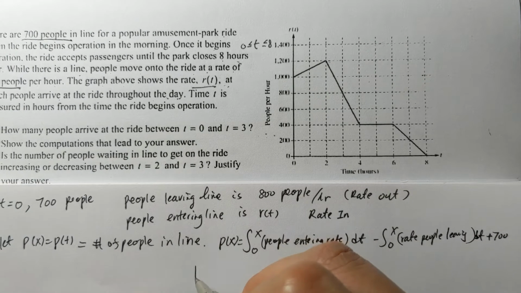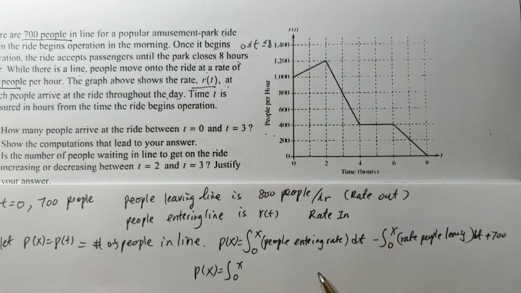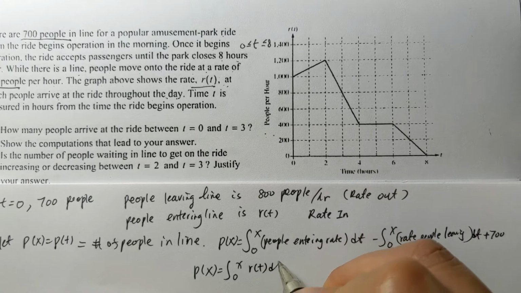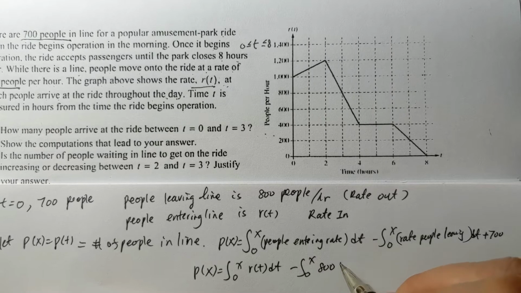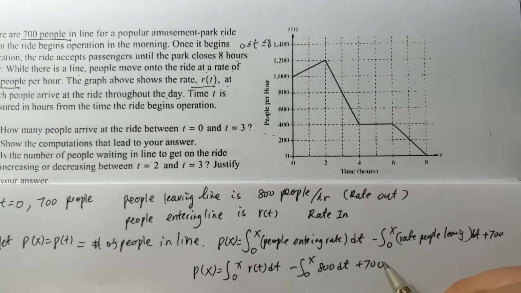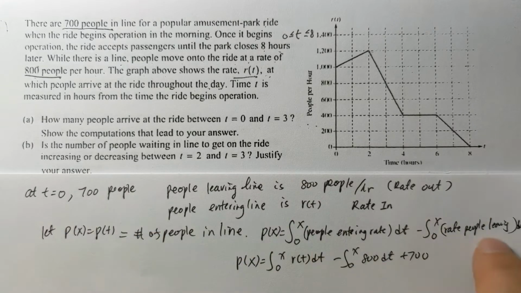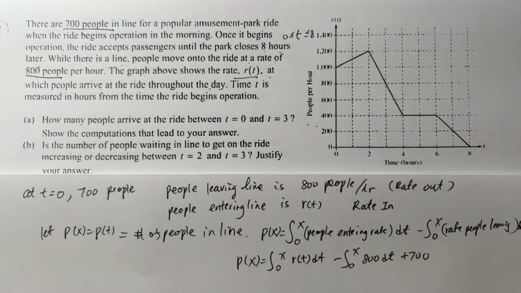So we got P of x equal to the integral from 0 to x, where entering is R(t) and leaving is 800. So this is the whole idea about this whole problem. It's very similar to the water problem.